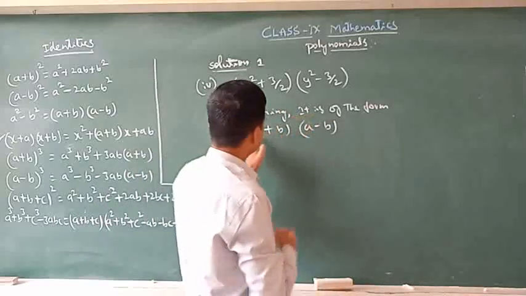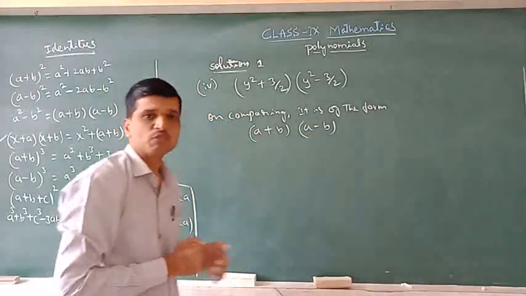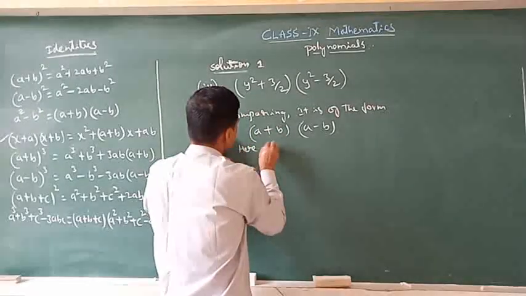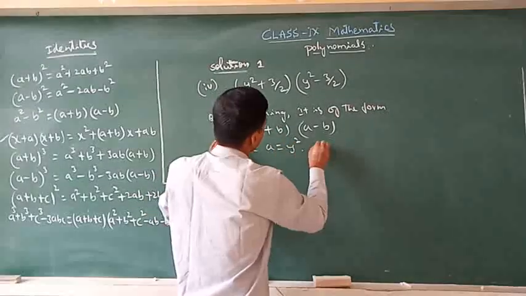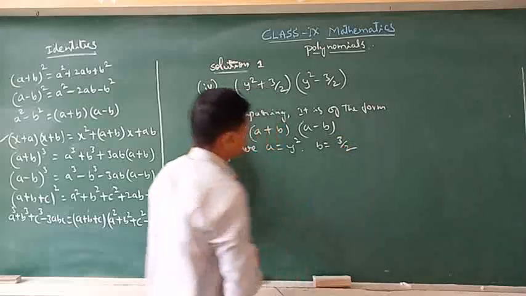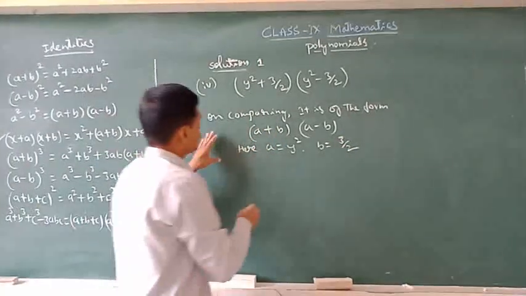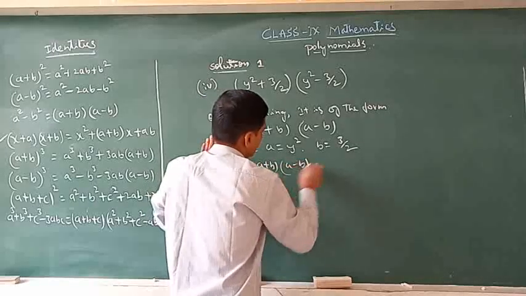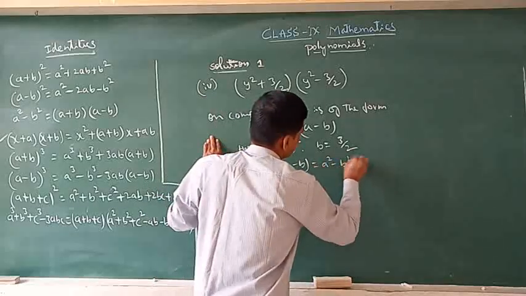So on comparison I would like to explain this one, because it is of the form (a + b)(a − b). You know that here a means y² and b means 3/2. So (a + b)(a − b) = a² − b².